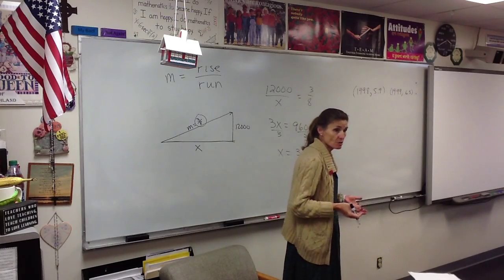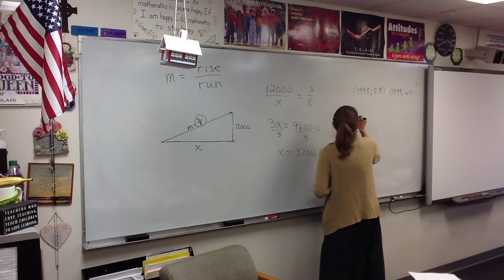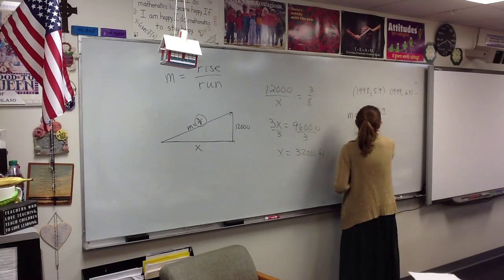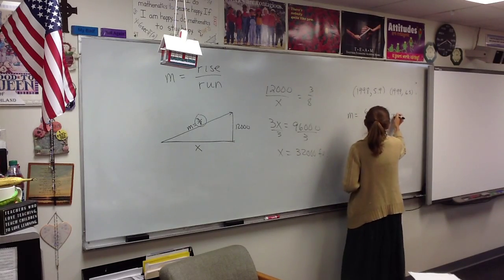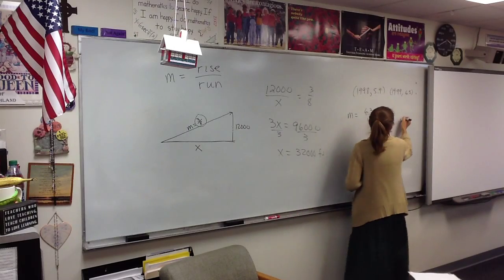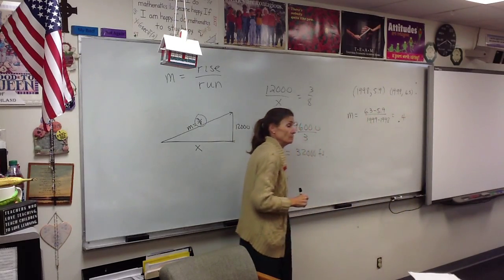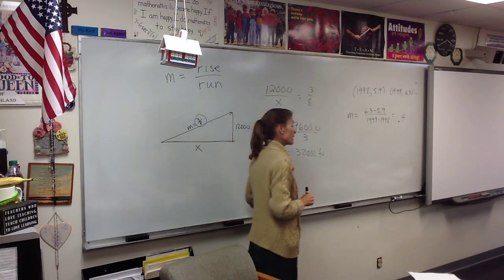And what do I need to write the equation of a line? I need the slope, so I'll start with the slope. So that's 6.3 minus 5.9 over 1999 minus 1998. So that slope is just 0.4 over 1. And then, Harry, I've got a choice.